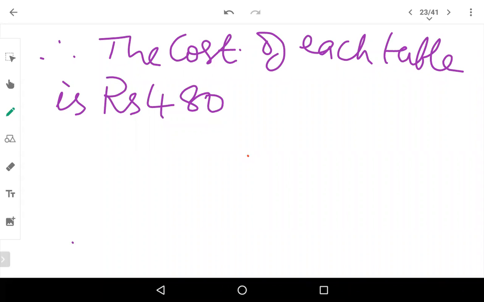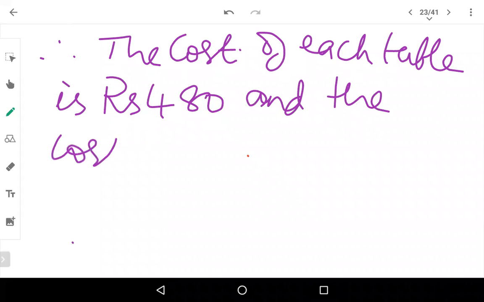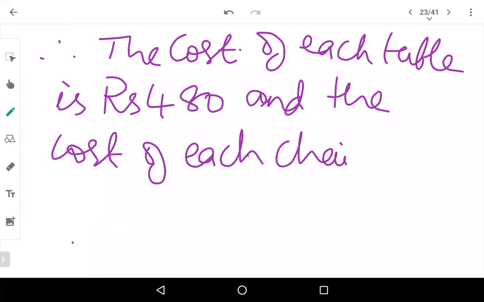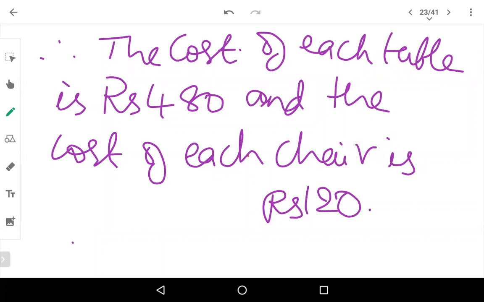What is the table here? X was the table, correct? So the cost of each table is 480 and the cost of each chair is rupees 120.